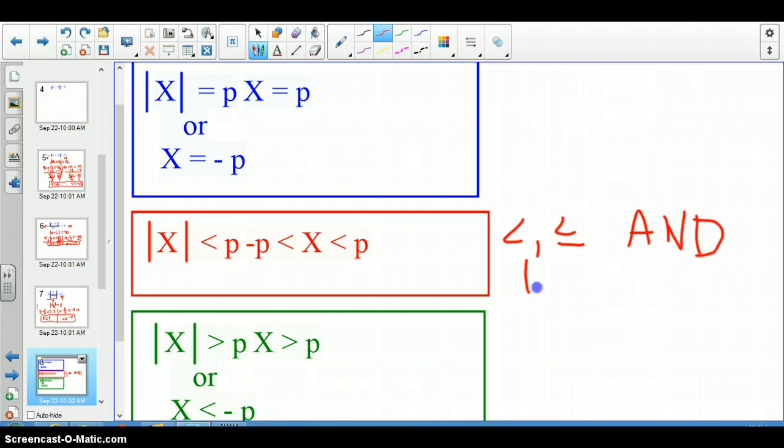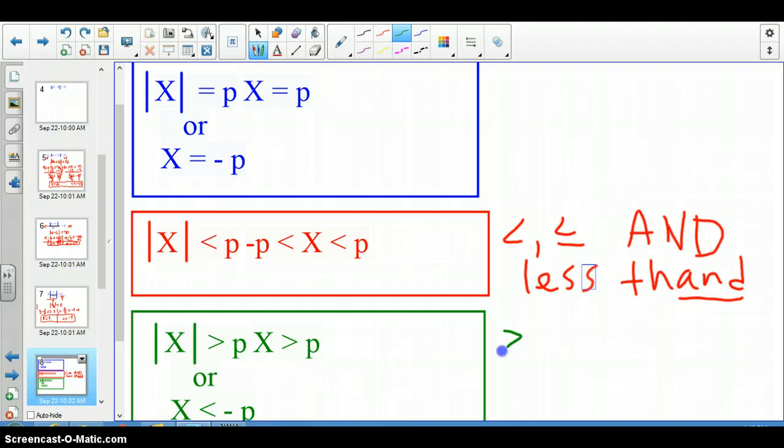The way I remember that is, less than. So instead of thinking less than, we have "less-than". So think, absolute value of x is less than p. So we would set up two inequalities, which is what we'll do here in a minute. The next one, the green box, deals with or inequalities.